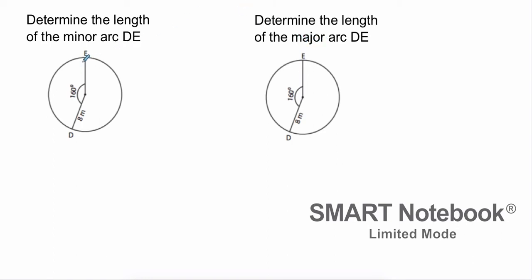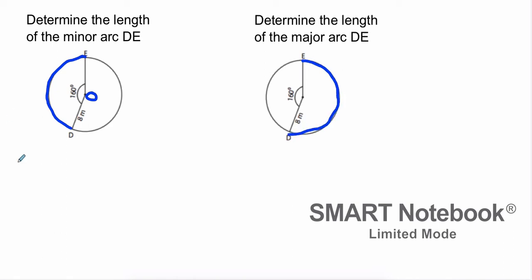The minor arc will be a smaller part here, because you see that this circle has its center at O, if you want to call it O. And in angle DOE, we have this internal angle 160 degrees. So the smaller arc is called the minor arc. And later on, the major arc, what we want is actually this part here.